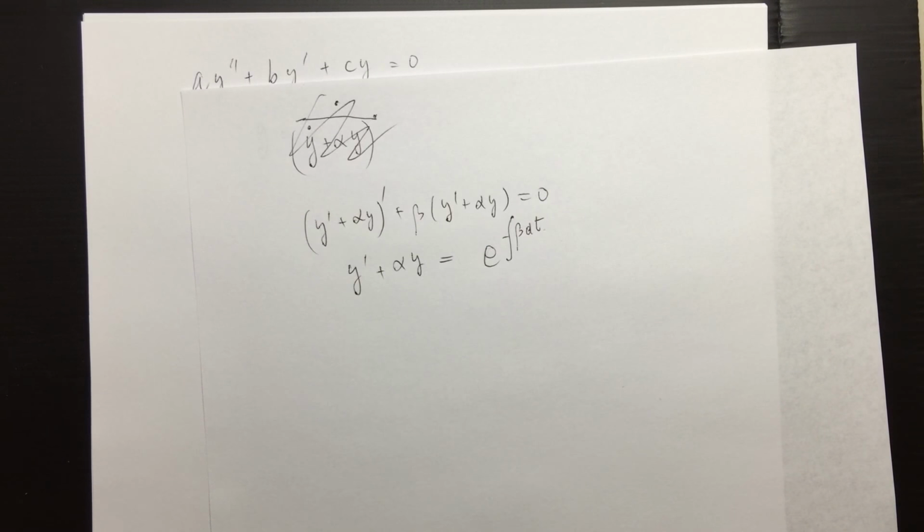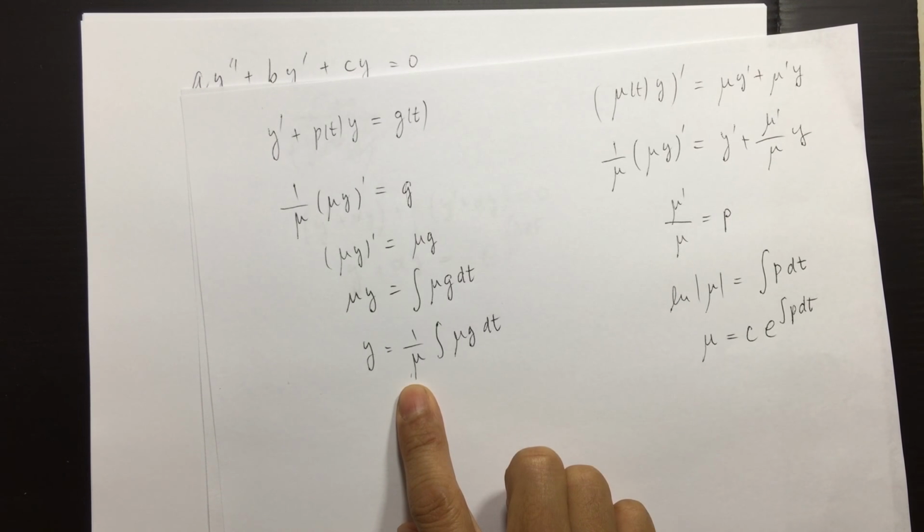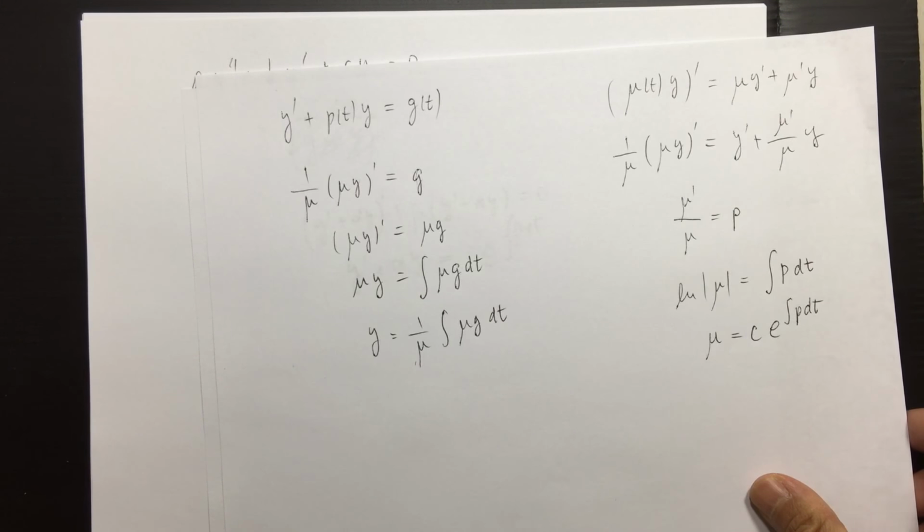Because when we solve this, at least mu is in that form. But anyway, we'll just assume this. Now let's just do that.